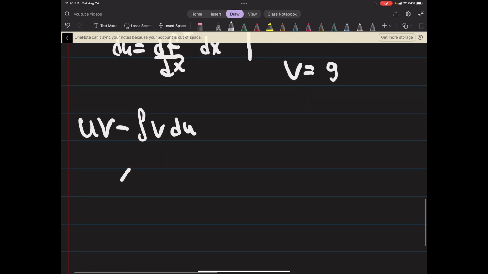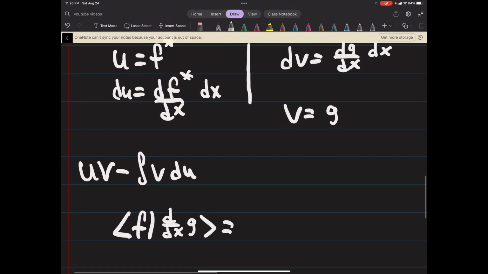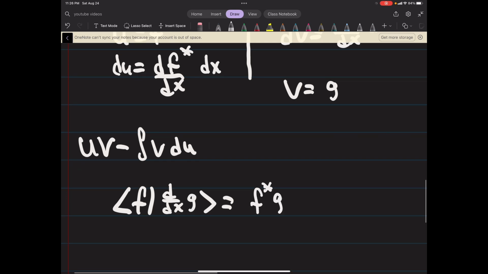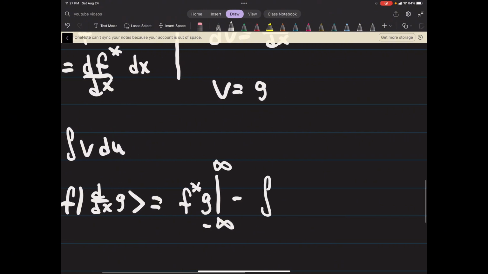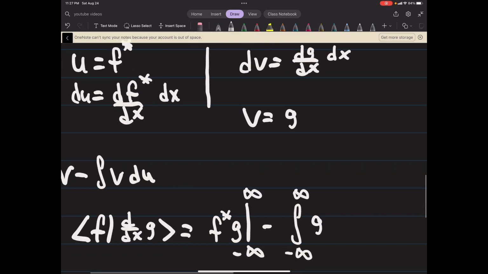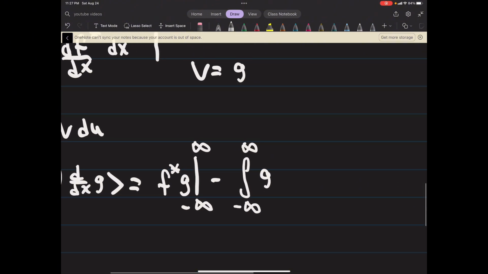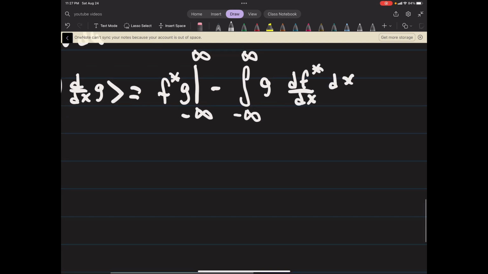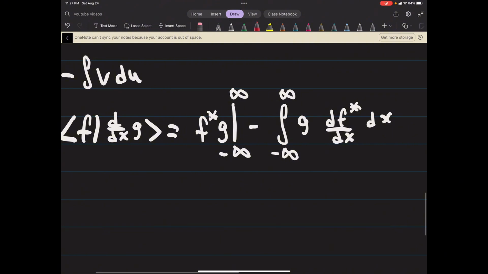So this is then just F star G evaluated from negative infinity to positive infinity, minus the integral from minus infinity to positive infinity of v, so G, du, so dF star dx. Now this is going to be in Hilbert space, so these have to go to 0 at plus and minus infinity. You can think of our wave function, it has to be normalizable.